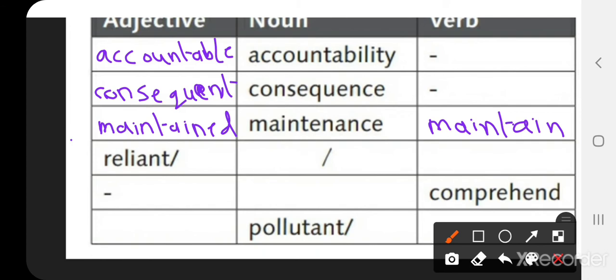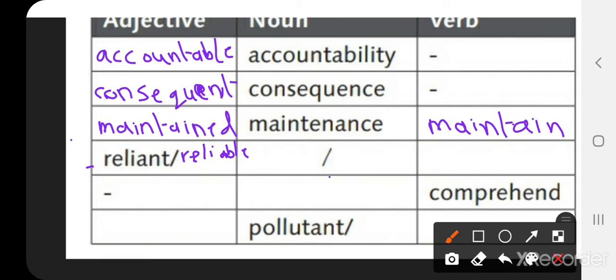Write them down. Now, the next one we have 2 adjectives, 2 nouns, and 1 verb. Let's write first the other adjective of reliable. It's reliable, sorry, reliable. Now, as a noun, we have 2 nouns.